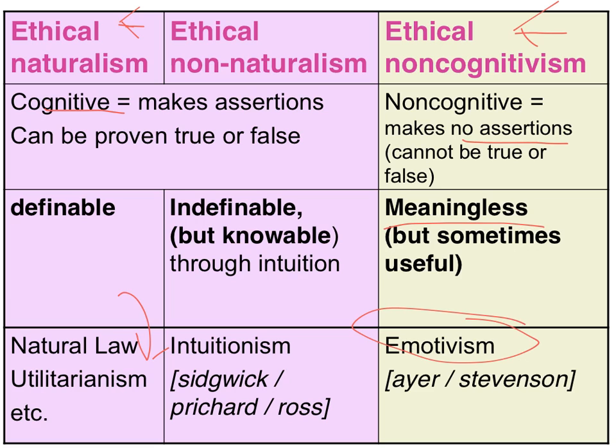So to put it into context, if somebody says abortion is right, or abortion is wrong, or abortion is bad, or abortion is good, they are meaningless statements in the sense that they make no assertion about the world that should be considered knowledge.